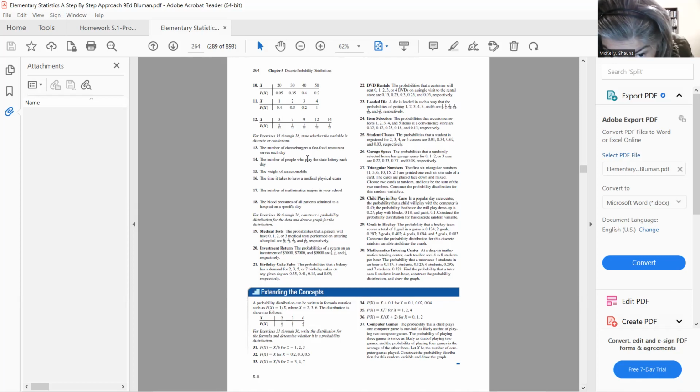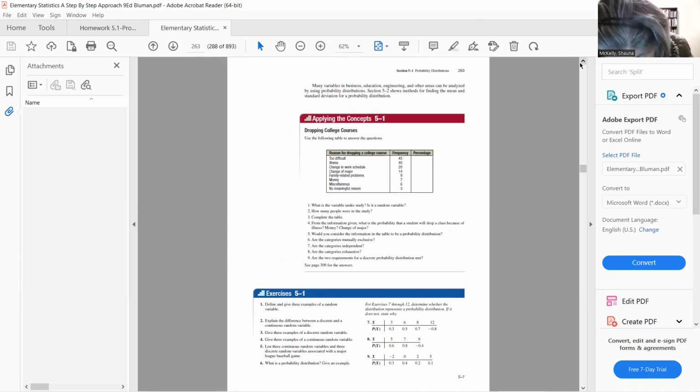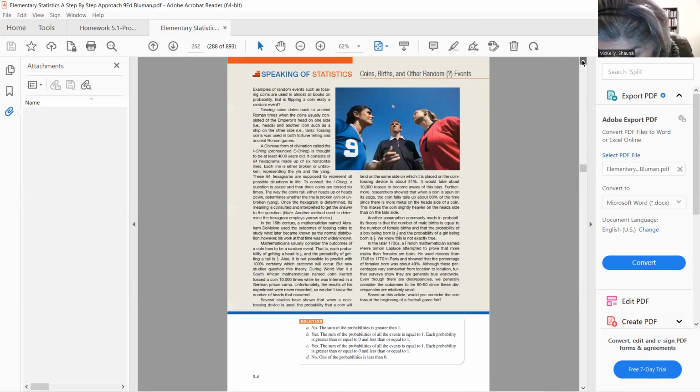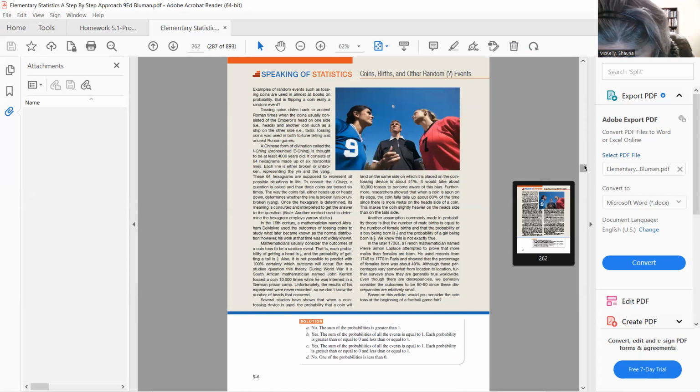Yeah, what we're doing is we're in number 10 here, and for exercises 7 to 12, determine whether the distribution represents, yeah. So whether it's described as a distribution or whether it is continuous or not, we're going to look at that.